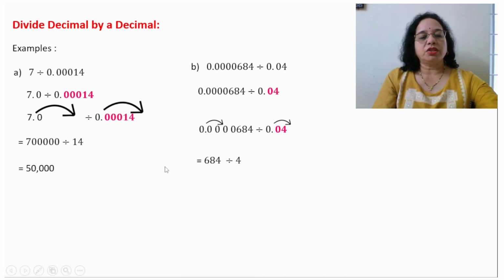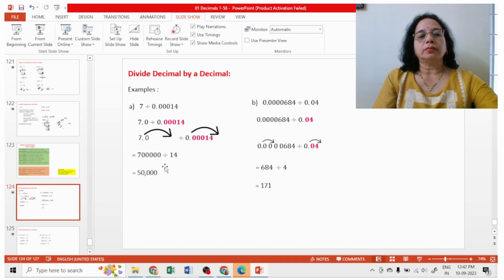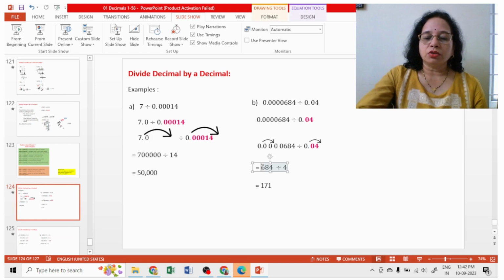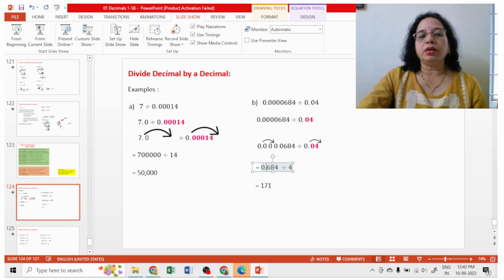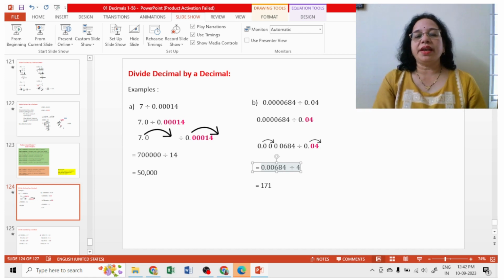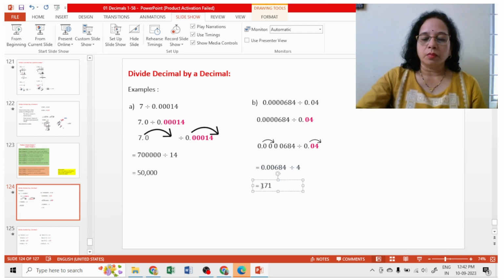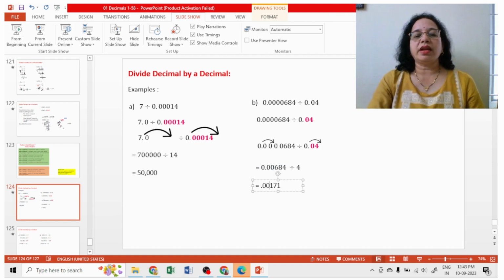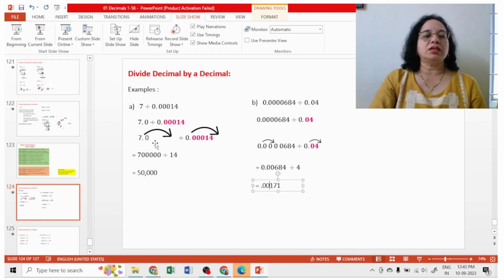Let me do correction for that. Two places if we will shift over here, so this will be 0.00684. So now here also you require point 00, then 171 is the answer.